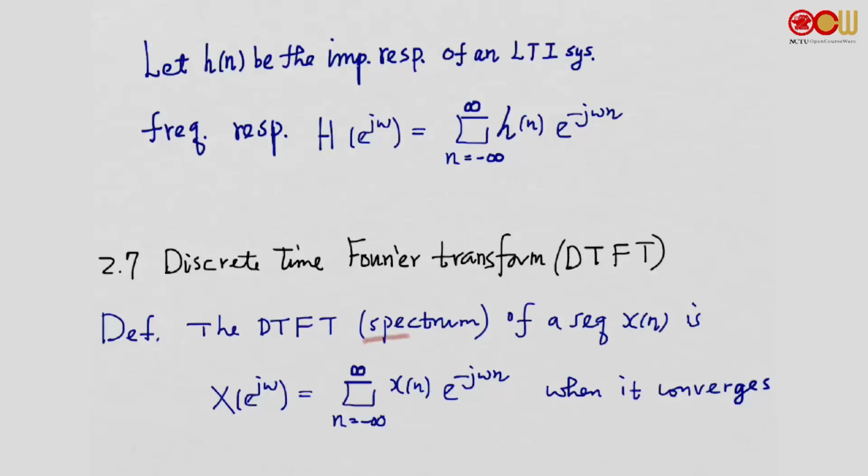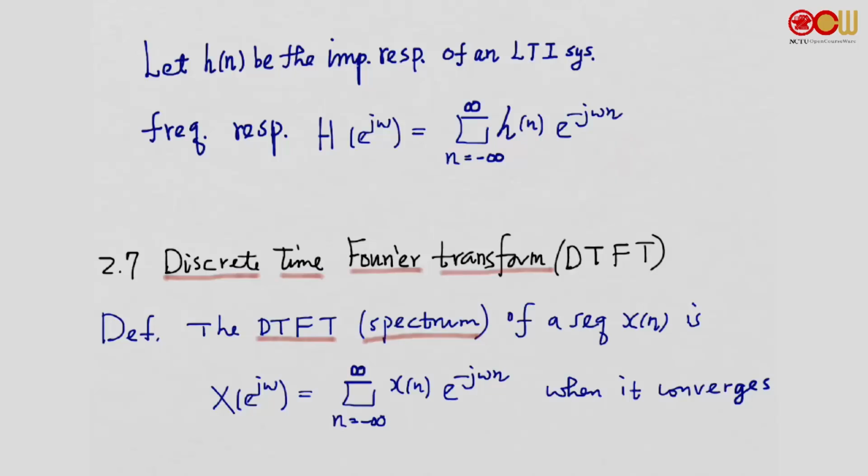The spectrum, or DTFT, where DTFT stands for discrete time Fourier transform, of a sequence x[n] is defined like this when the summation converges. With the frequency response here, they are exactly the same thing.